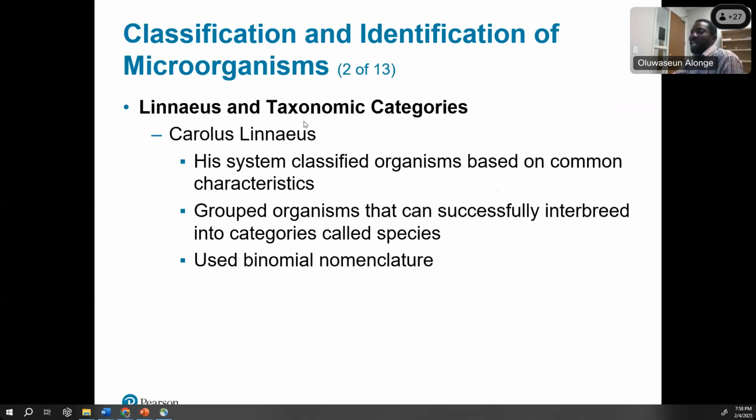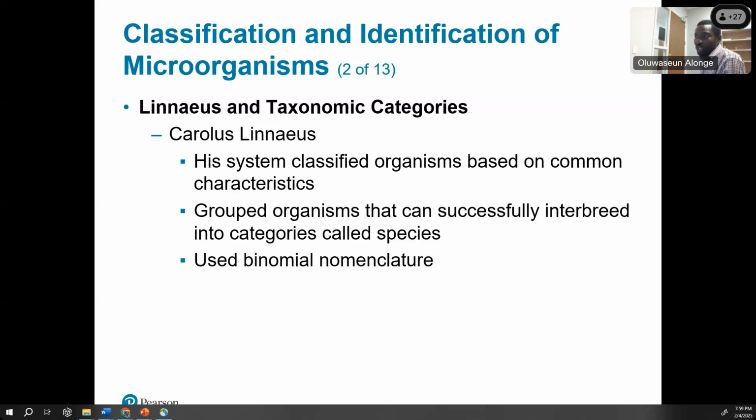Now, the person that did the classification is called Carolus Linnaeus. So usually we call it the Linnaean system of classification, based on his name. We call it binomial classification because he used two names, just like first name and last name, genus and species.